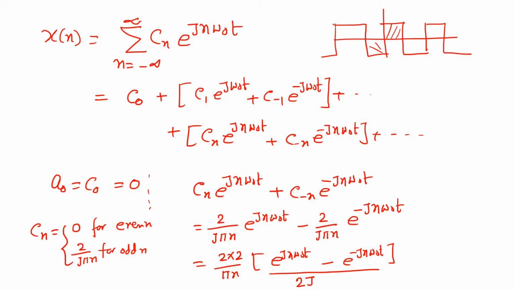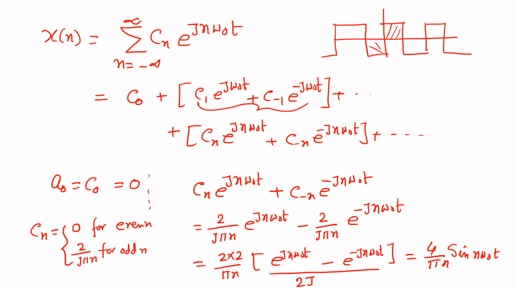Then it simply becomes 4 upon pi n, and this is your sine component, sine n omega naught t. So it implies that every pair, this is one sine omega naught t, this is for sine n omega naught t, and the coefficient is 4 upon pi n, and your DC component is 0.